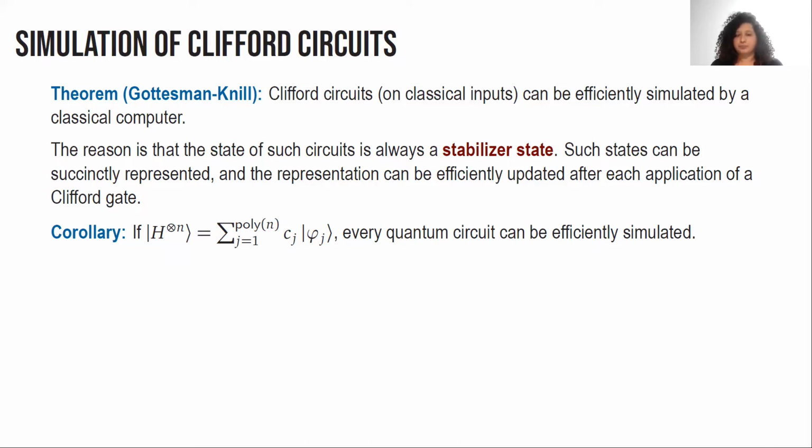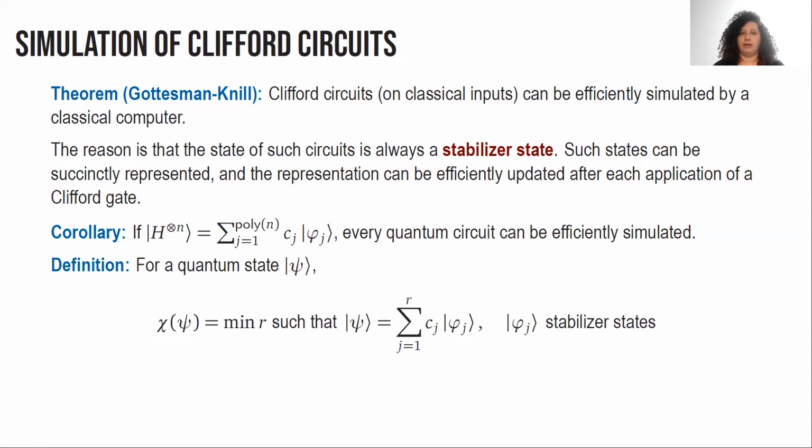Because if that's so, we can compute polynomially many stabilizer states and apply the Clifford circuit on a stabilizer state, which we know that we can do and update, and just apply the linear combination before we measure. So this is an important corollary.